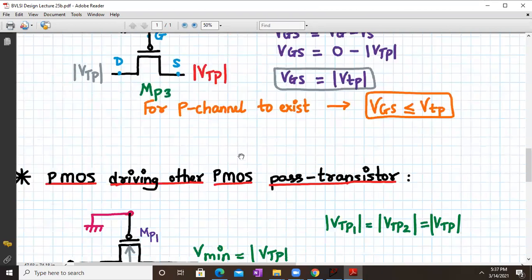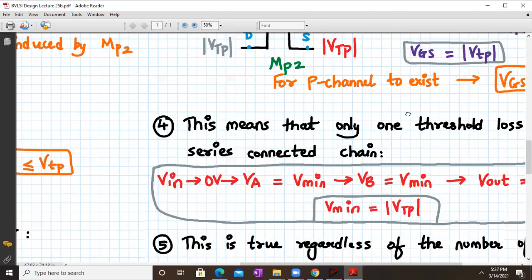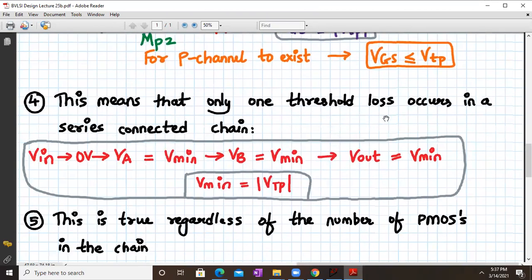So in case of your PMOS transistor, this is the condition. There is a one threshold voltage loss which is occurring in the series connected chain of your PMOS transistors. So whenever Vin is 0 volt, VA is at the minimum value, which is mod of VTP. VB reaches the minimum value and the output reaches the minimum value, which is mod of VTP.